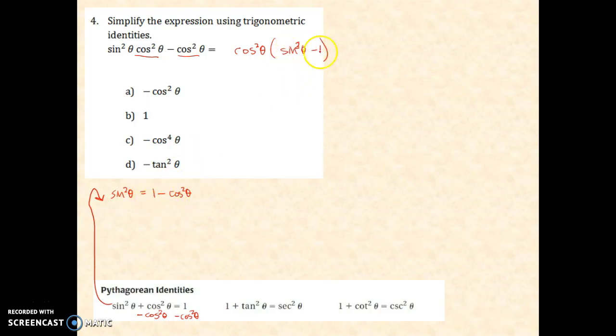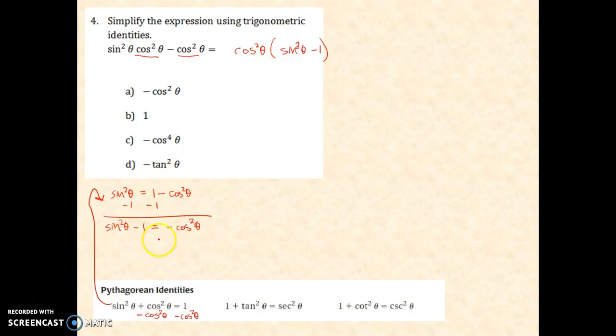Well, that's not exactly what we got up here. Sine squared theta minus 1, if I were to subtract 1 from both sides, I would get sine squared theta minus 1 equals negative cosine squared theta.